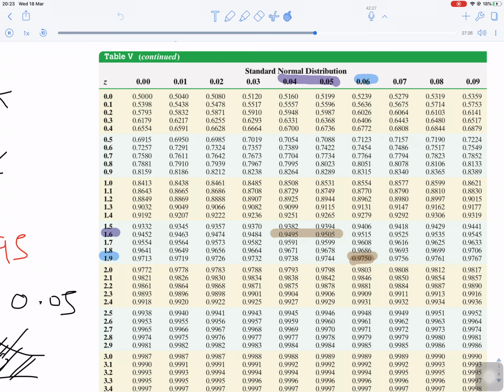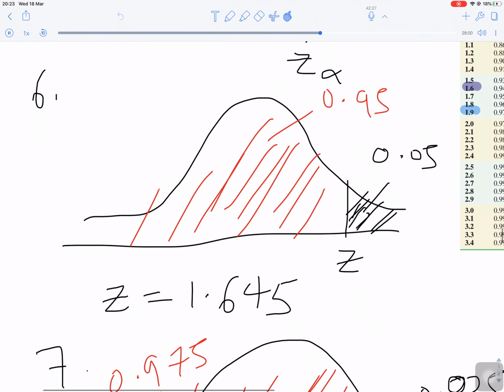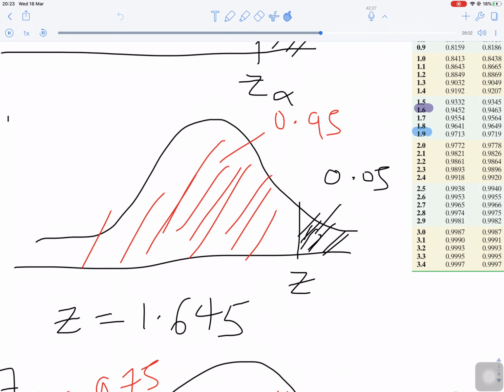If 0.9495 corresponds to the z-score 1.64 and the other one 1.65, then the average of these two z-scores will be 1.645. So this is the case where you have two areas being the same distance away from the target. So the z-score for z sub 0.05 is 1.645.